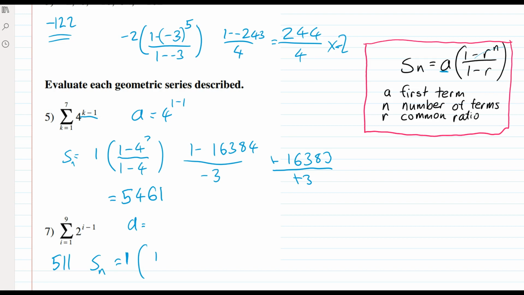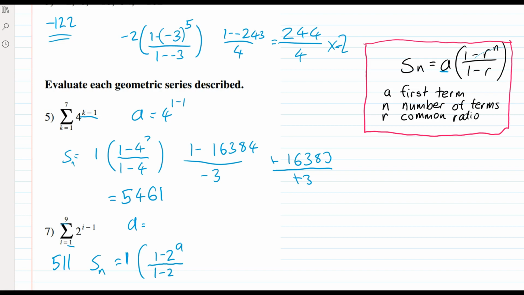Now 1 minus 2, because 2 is our common ratio, because that's the thing with the power. And that 2 is to the power of 9, because there's 1, 2, 3, 4, 5, 6, 7, 8, 9 terms, starting at the 1 and finishing at the 9. Okay, all of that is over 1 minus 2.